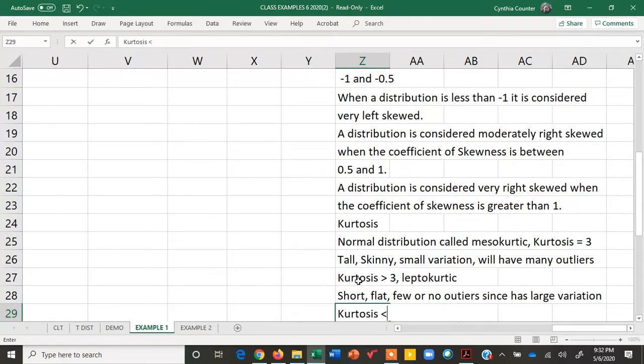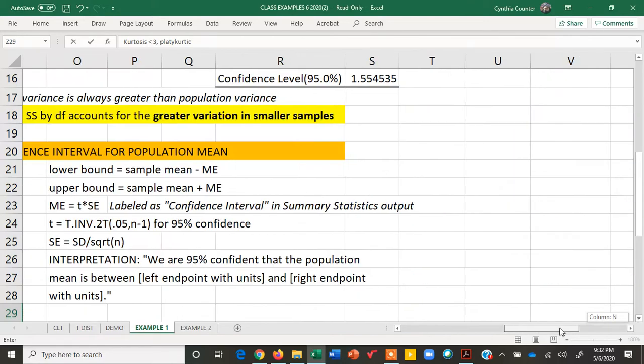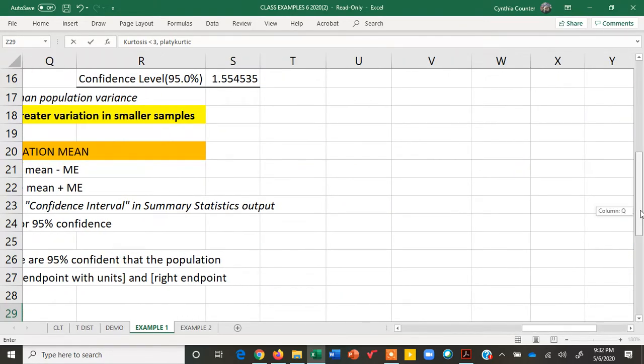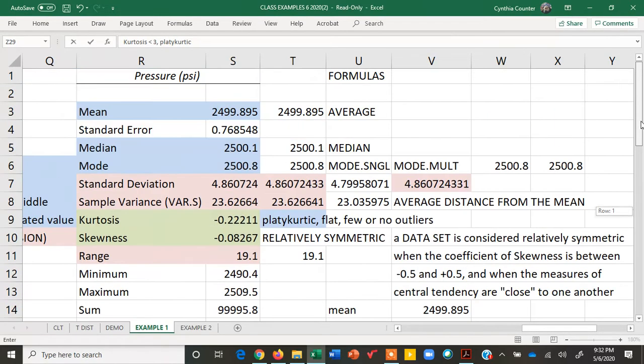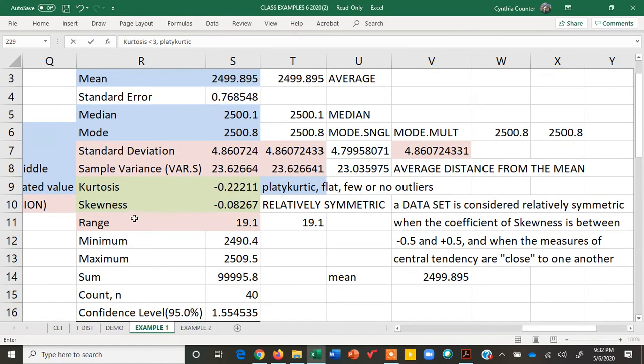Kurtosis less than 3, and that is called platykurtic. So those are the official names and the descriptions for kurtosis. So if you want to know, is your data set close to normal? Well, it should have a skewness close to 0 and a kurtosis close to 3.